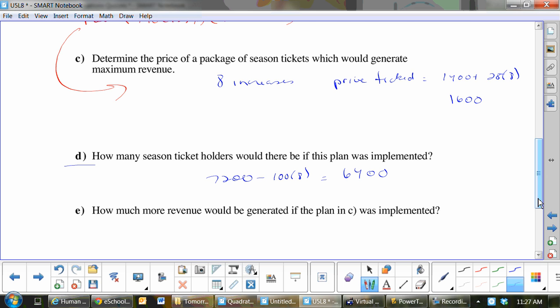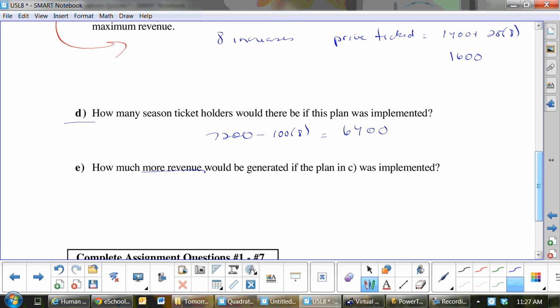Now, how much more revenue? Well, the original was 1,400 times 7,200. And he was taking in $10,080,000. Not making, taken in, right? We haven't subtracted all the costs.